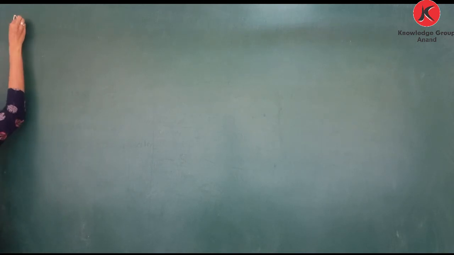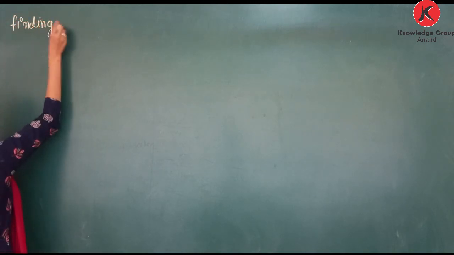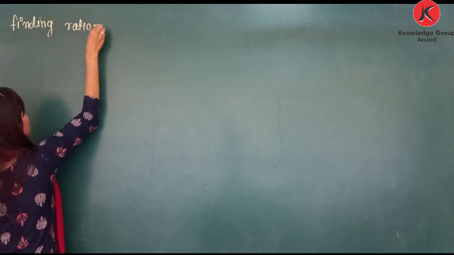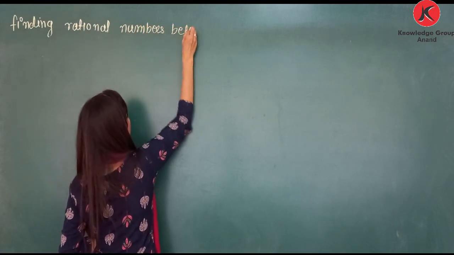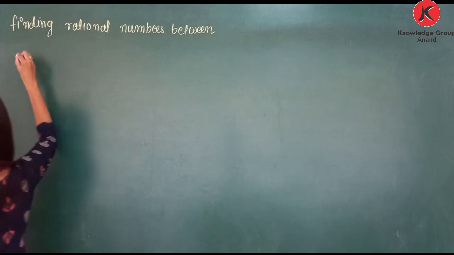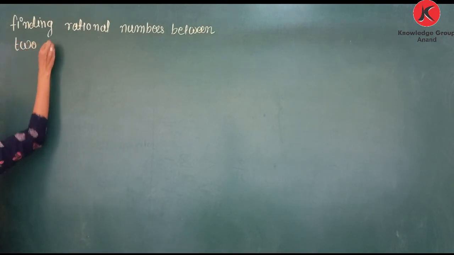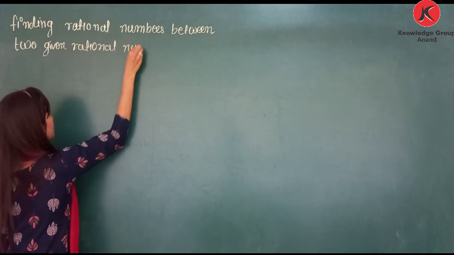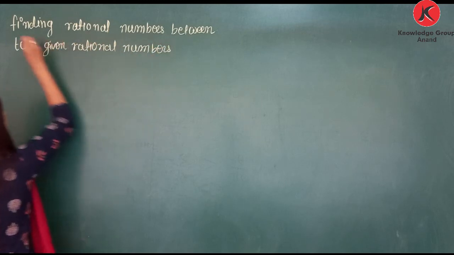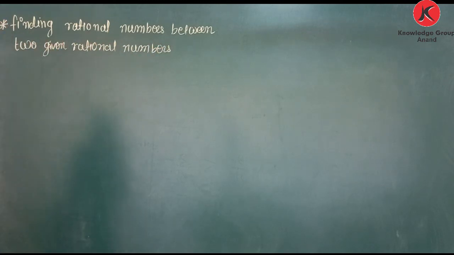After comparison, there is also one method to represent rational numbers: finding a rational number between two rational numbers. Here two rational numbers are given and you need to find the rational numbers between them.